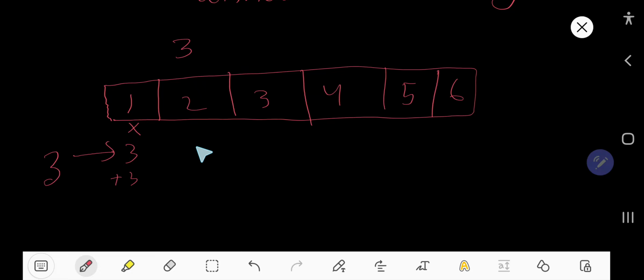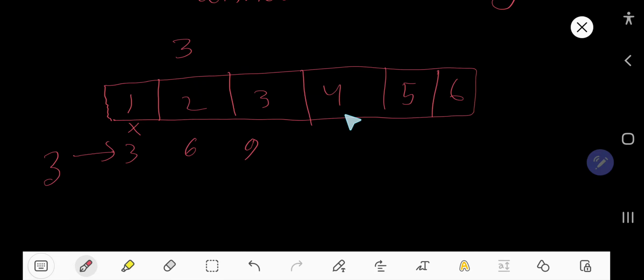So add 3, that is 6 here. What is 3 times 3? You just add the same number, 3, to the immediate previous step. So 6 plus 3 gives you 9, right?